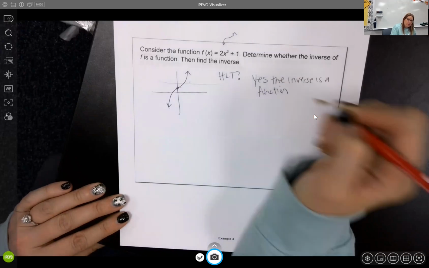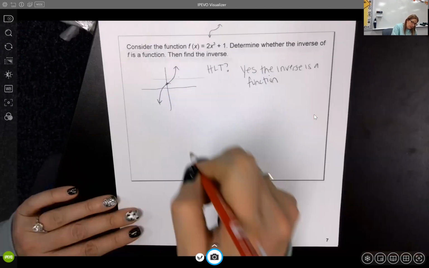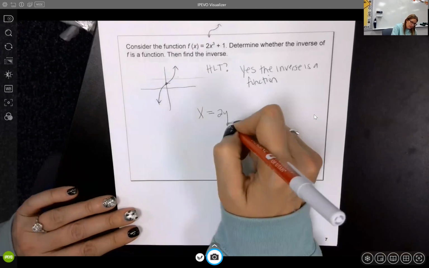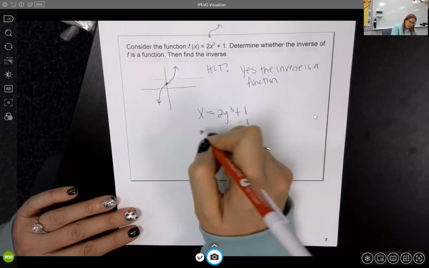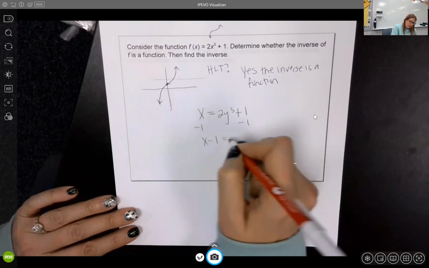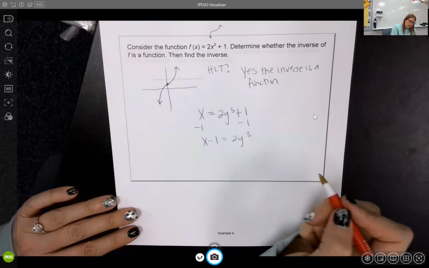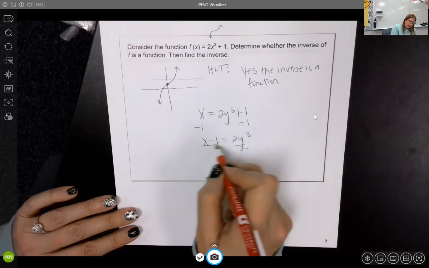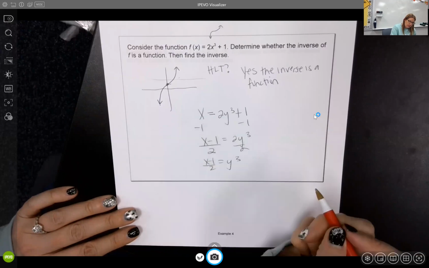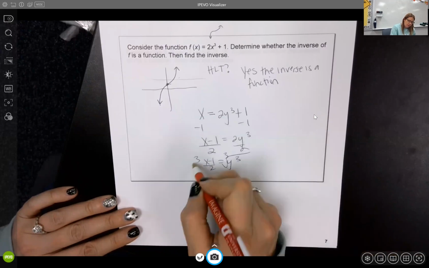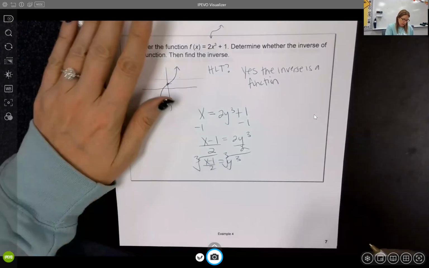Okay, now find the inverse. Okay, well, I'm just going to switch x and y, and then I'm going to solve for y. So x minus 1 equals 2y cubed. Divide by 2 and take the cube root at the end. So we get the cube root of y and the cube root of x minus 1 over 2.